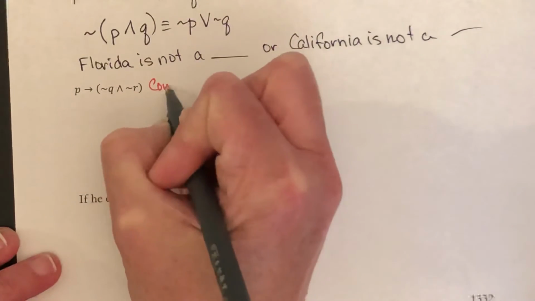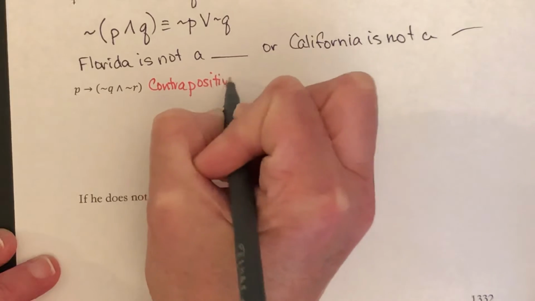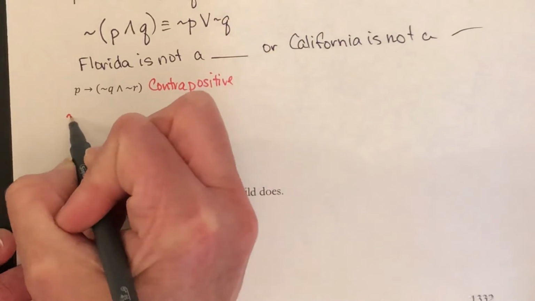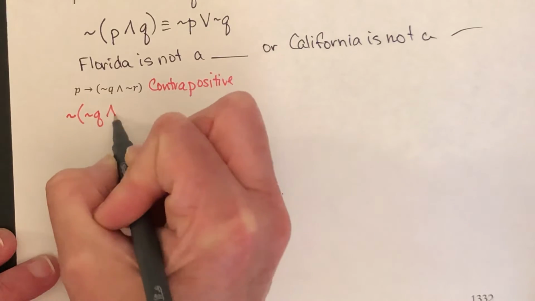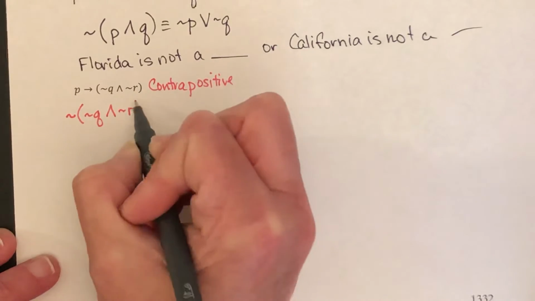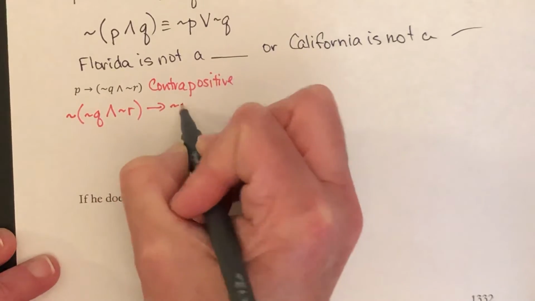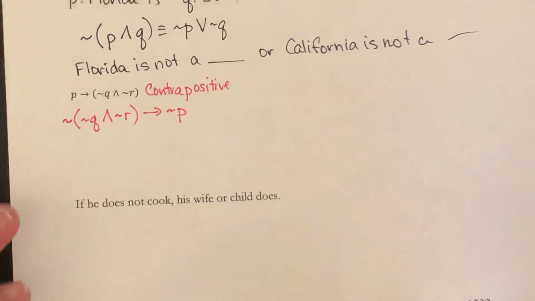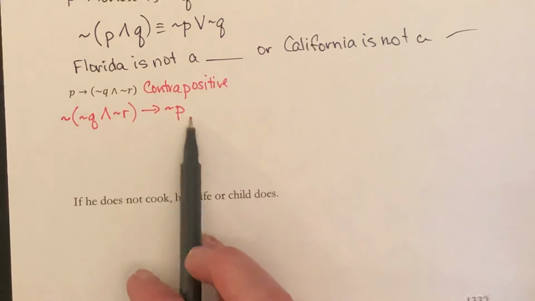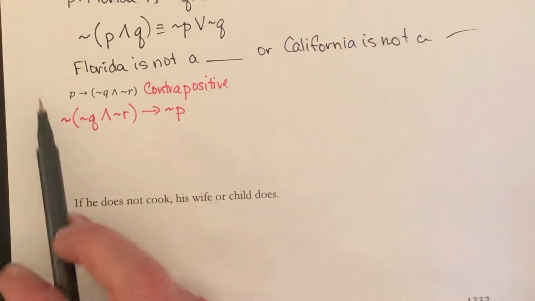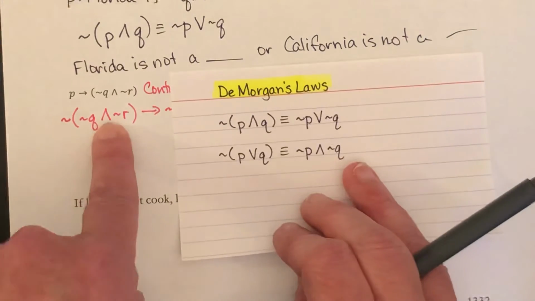I'm going to switch this around to not Q and not R, so if this, then not P. That's the contrapositive. Now right here we have a classic De Morgan law, since we have a not in front of an "and".